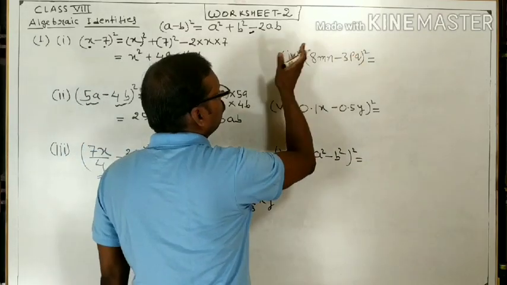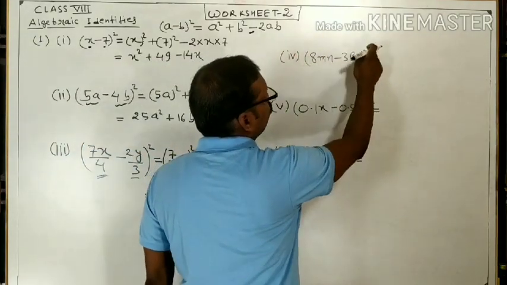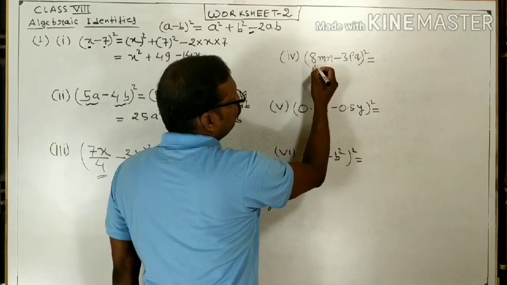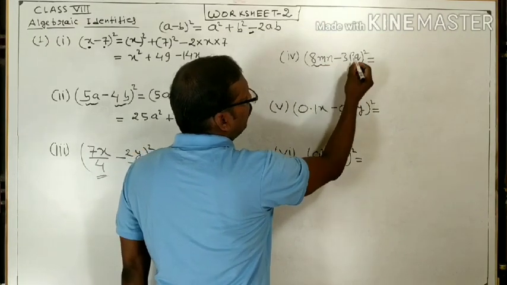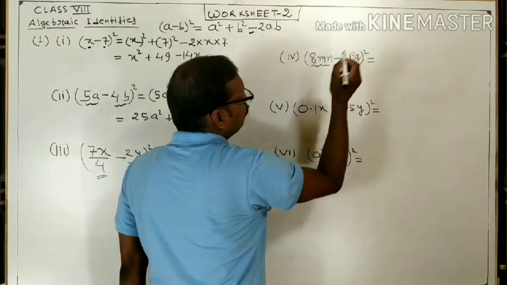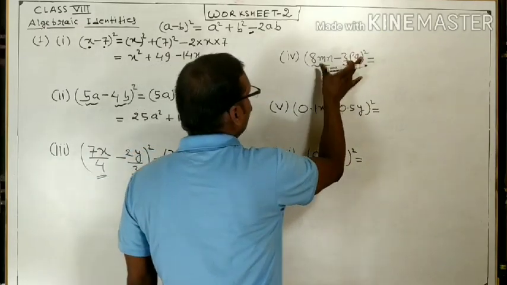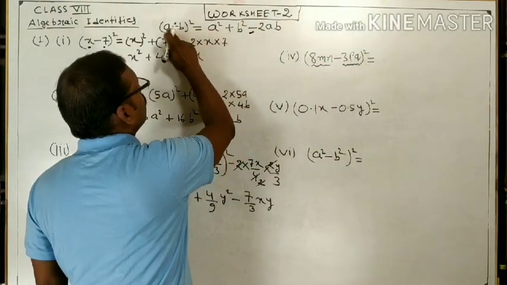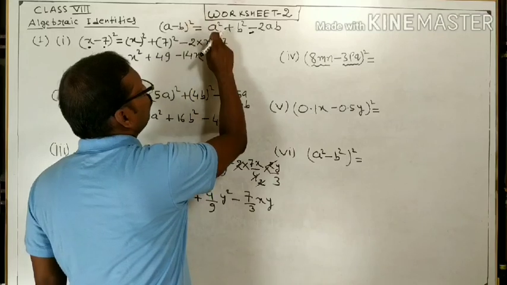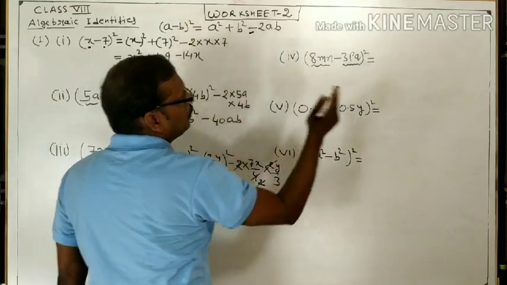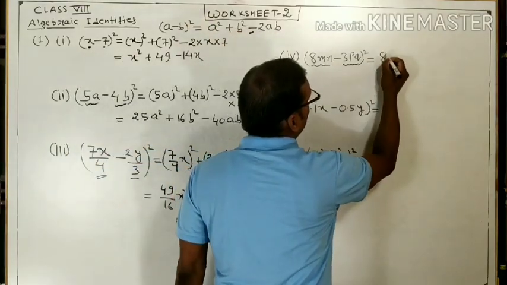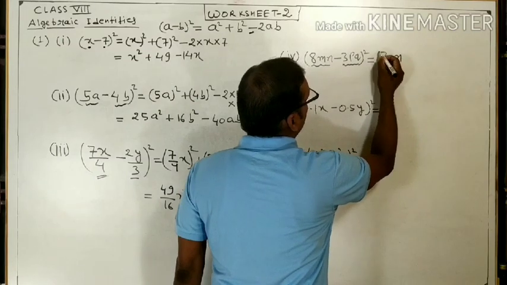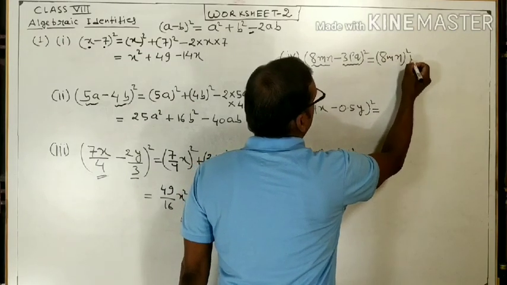Similar is the case of question number 4. (8mn minus 3pq) square. In place of a we see that it is 8mn and in place of b we see that it is 3pq. So put the values of a and b in this identity. (a minus b) whole square equal to a square plus b square minus 2ab. A square means (8mn) square plus b square.